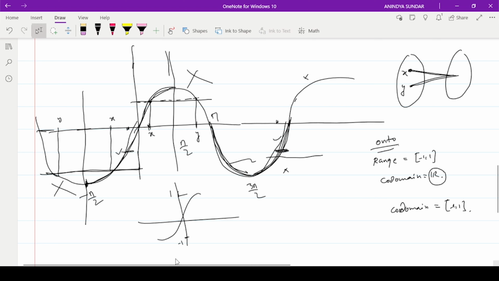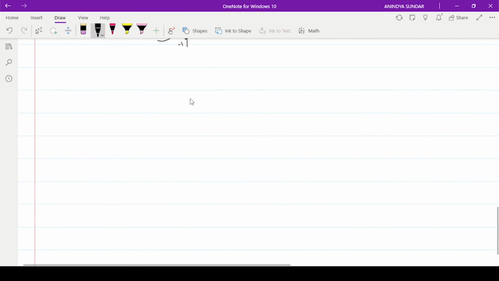For the same reason: if I draw one horizontal line, I can see that this particular line is intersecting 2 points. Suppose this one is x and this is my y. This x and y will give me the same image. So that is why all other portions will automatically be eliminated, just to make it an invertible function.